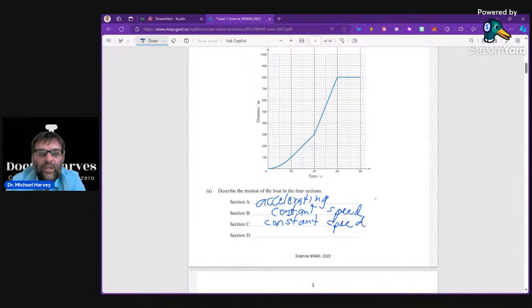And finally, for section D, it's a flat line. It traveled 800 meters and stays at 800 meters for the 20 seconds between 60 and 80 seconds. So that would mean it's basically stopped.